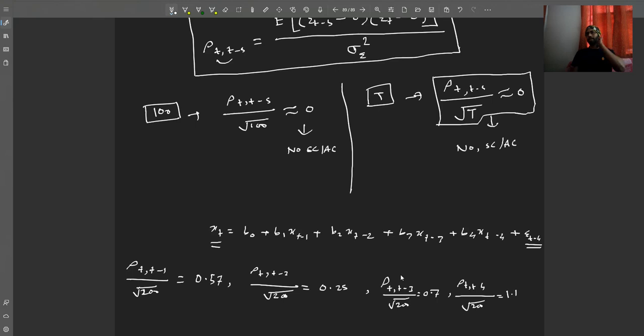These are all very near to 0, right? These are all sufficiently near to 0. So how do we know which correlation is valid and which one is invalid? That is, which one does not have autocorrelation or serial correlation and which one has autocorrelation or serial correlation? We have a way to do that, friends. Here there are 5 parameters: b0, b1, b2, b3, b4. There are 5 parameters and the number of observations is 200.